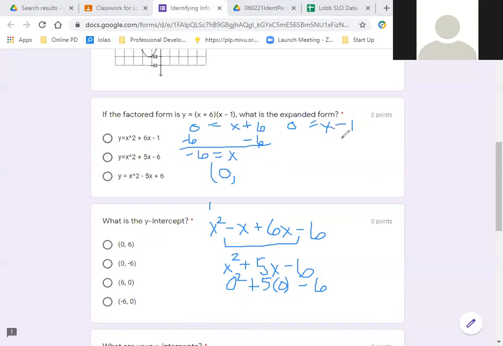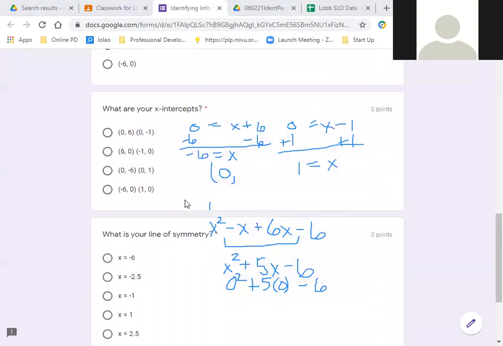And then this one's going to be 1. If I add 1 to both sides, x is also equal to 1. So going back down to my x-intercepts, -6, 0, and 1, 0. Yep, the last one. Excellent.